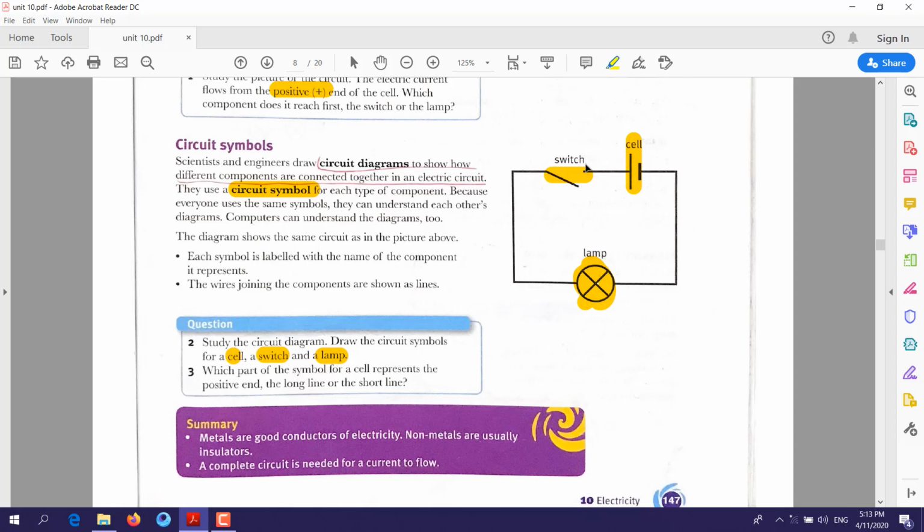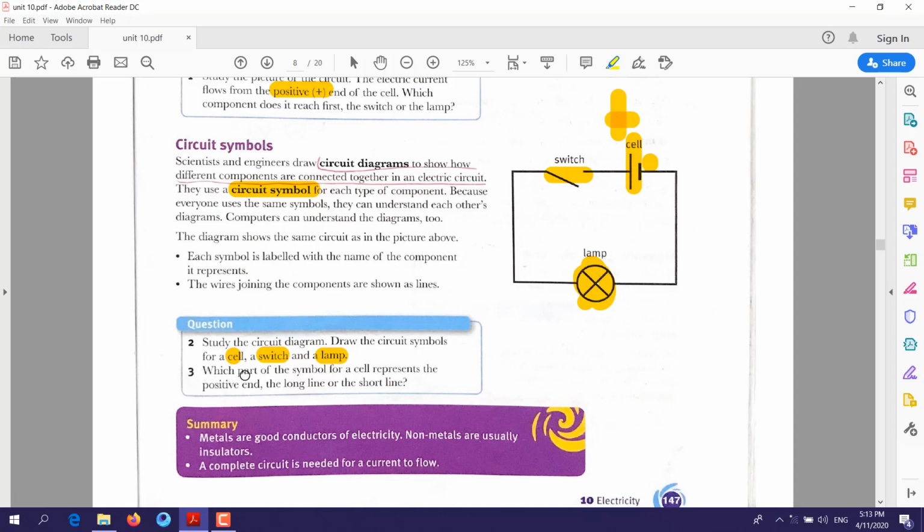Cell, switch, lamp. One more thing about the cell. As you can see here, we have these two lines. One is short, one is tall. Why do we have two different lines? The short one represents the negative charge, and the tall one represents the positive charge.